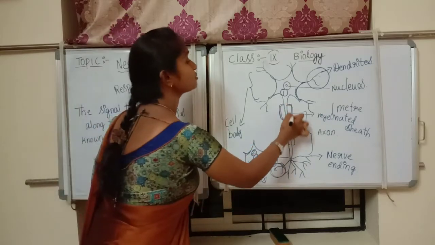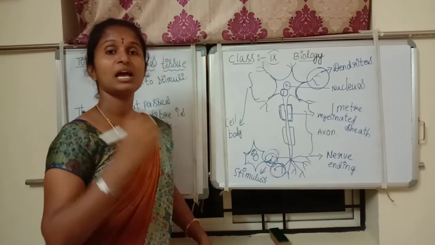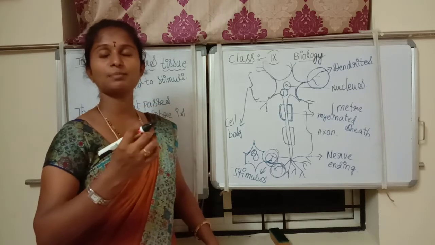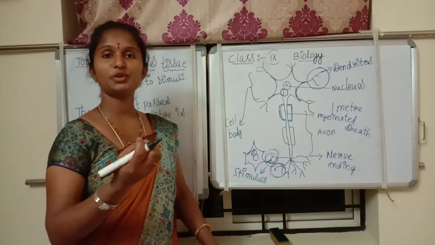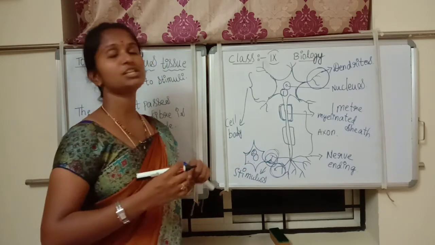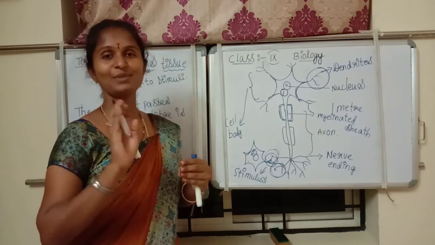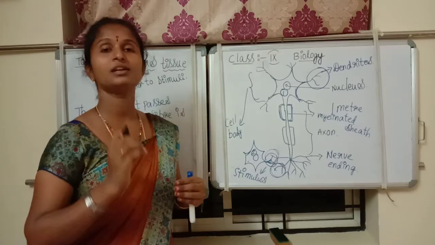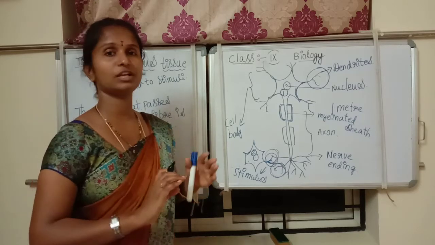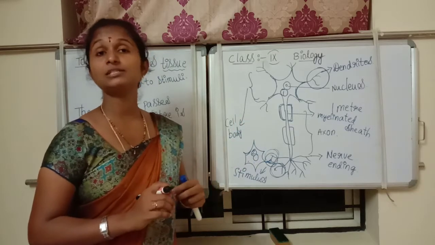Because of the myelinated sheath only, our brain will function very fast. That's why you know of adding Tata salt, iodine. If you add that salt, the myelinated sheath will function very fast. I am not telling you to take Tata salt only. You need to add a limited amount of salt only to make your nerve cells function properly.